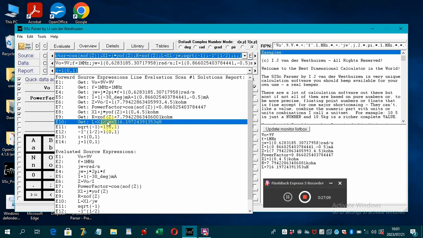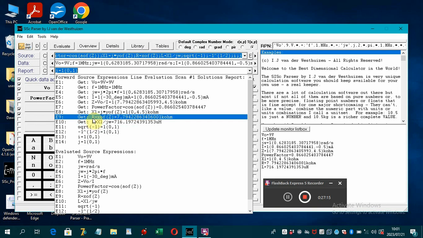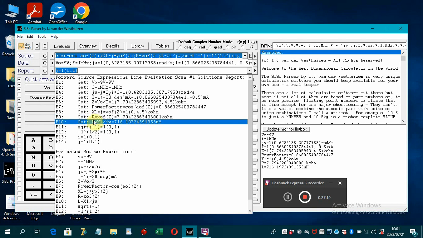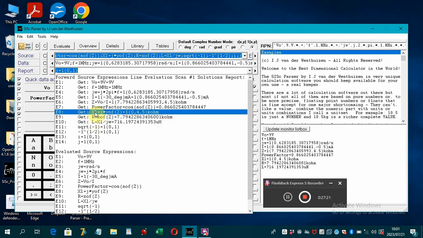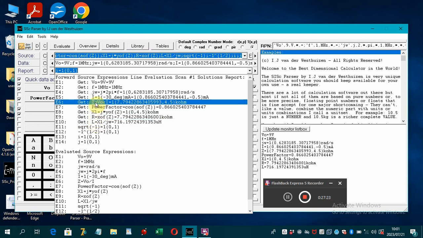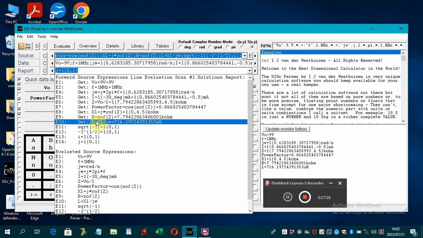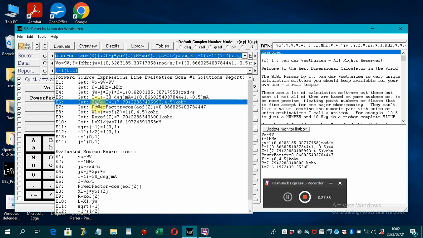So the current lags by 90 degrees only through the L part, but we have a resistance in series with it. So the combined value of R and L or XL is that Z value. See that? That's impedance. Z is impedance. The letter for impedance is Z. That's a combined value of the resistor and the coil, the combined resistance.